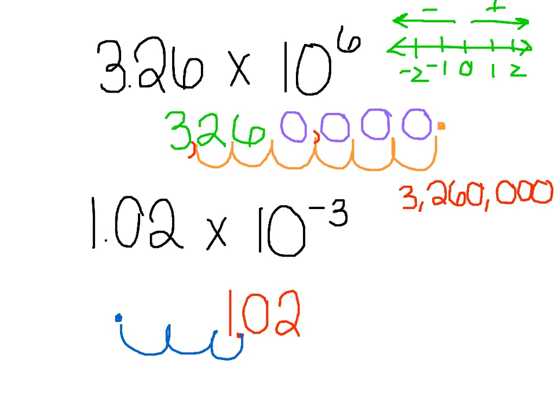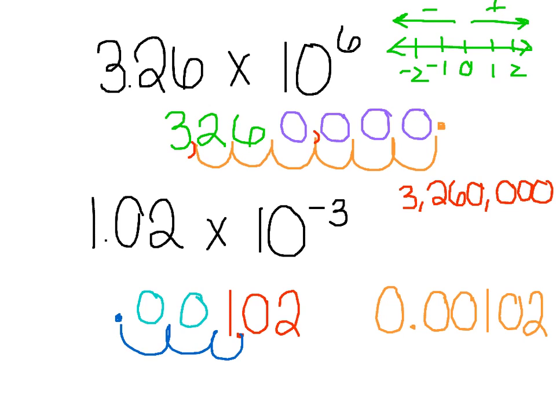Filling it in, we have a 0 here and a 0 here. And if I rewrite that number, I'm going to have 0.00102. You always want to include all of the numbers given, and then just move the decimal point to the left if it's a negative exponent, to the right if it's positive.